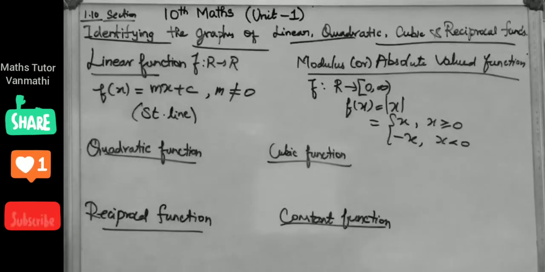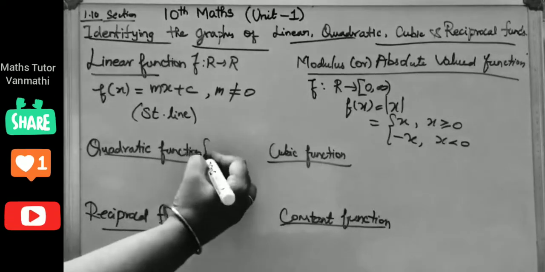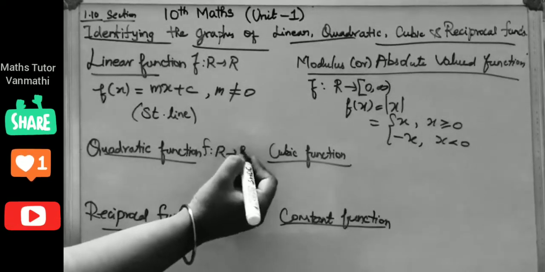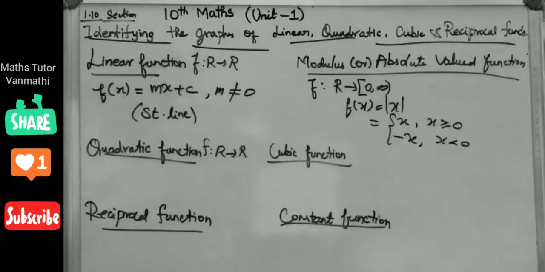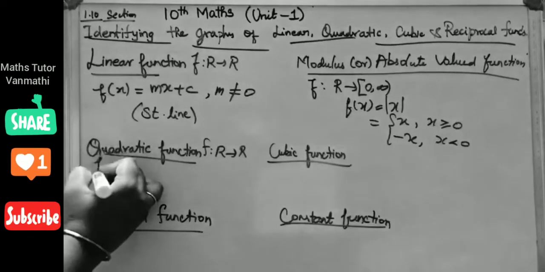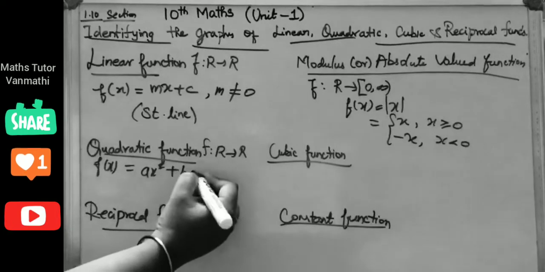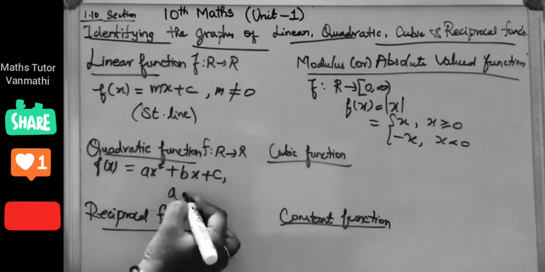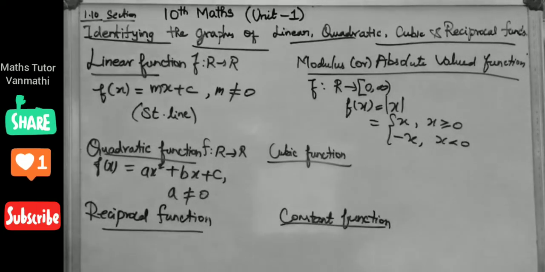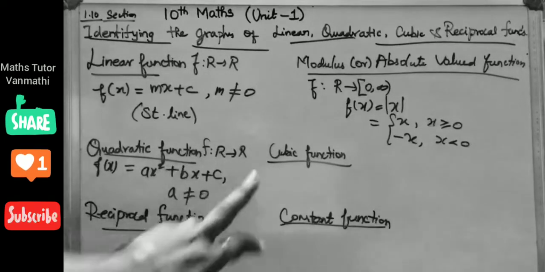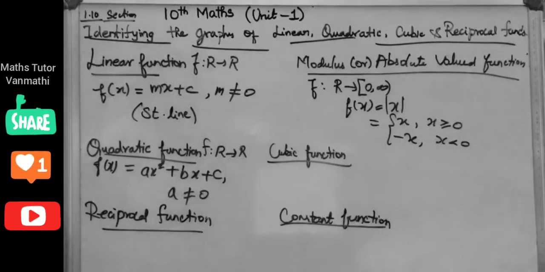Next we can see the quadratic function. A quadratic function is a function f from R to R defined by f of x is equal to ax square plus bx plus c, where a is not equal to 0. From the power 2 it goes on reducing. This is your quadratic function. Next is your cubic function.